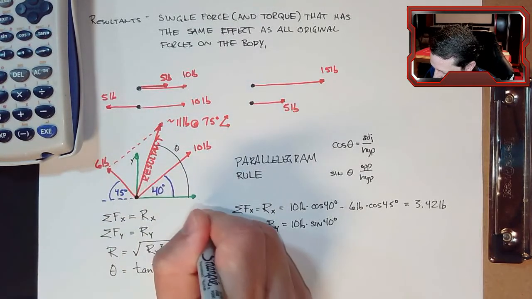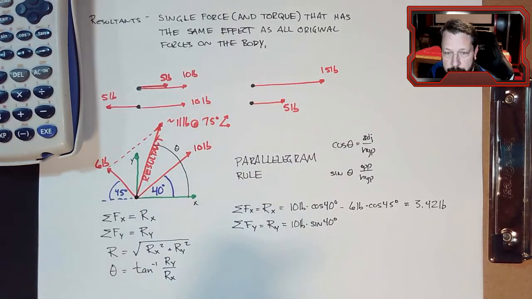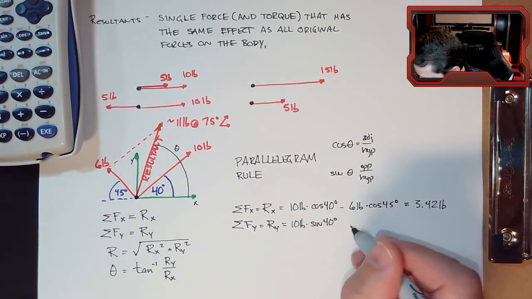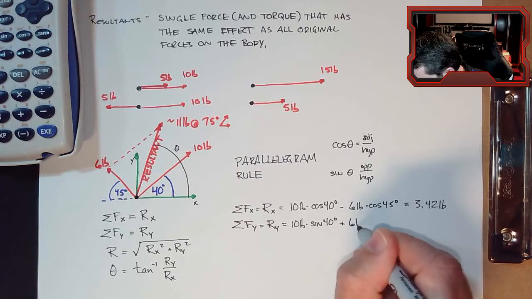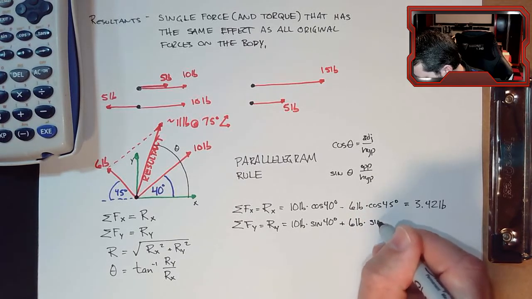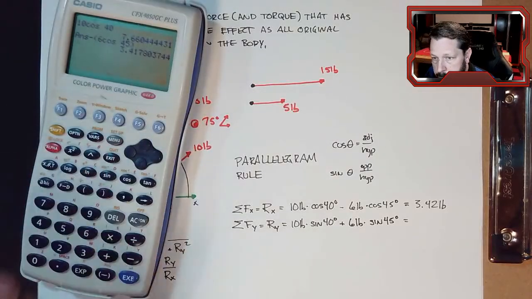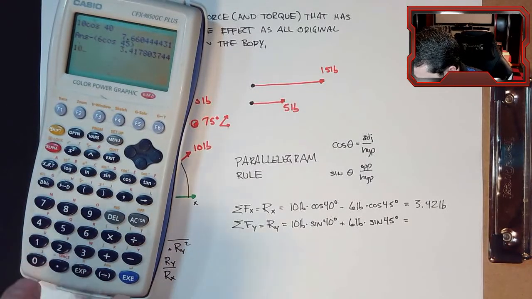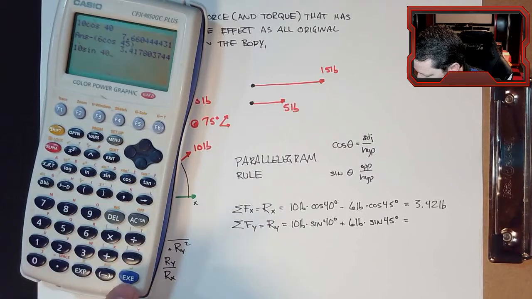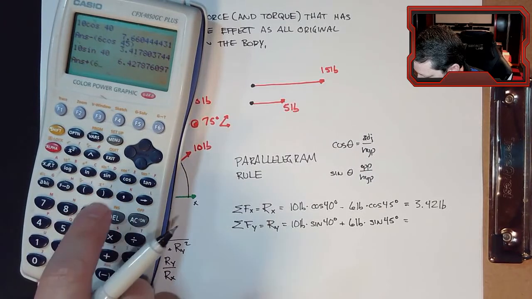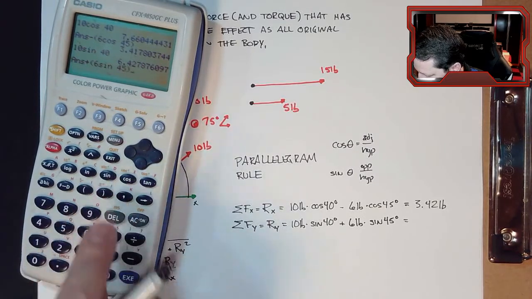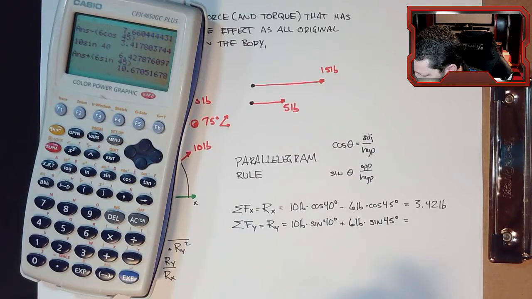I didn't label these, but we're pretty much always going to assume y is vertical and x is horizontal. So we add these two together, 10 pounds sine of 40 degrees plus 6 pounds sine of 45 degrees, and we get 10.67.